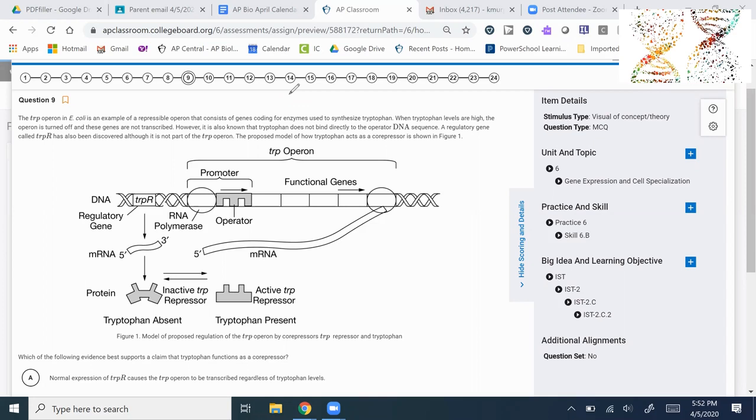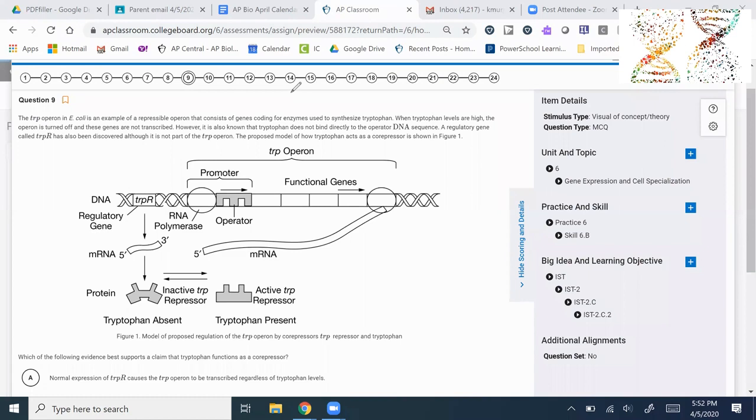However, it is also known that tryptophan does not bind directly to the operator DNA sequence. The regulatory gene called trpR has also been discovered, although it is not part of the trp operon. The proposed model of how tryptophan acts as a co-repressor is shown in figure 1.